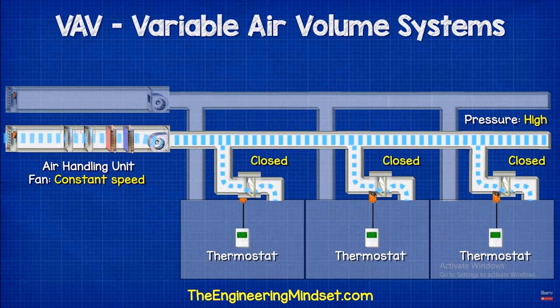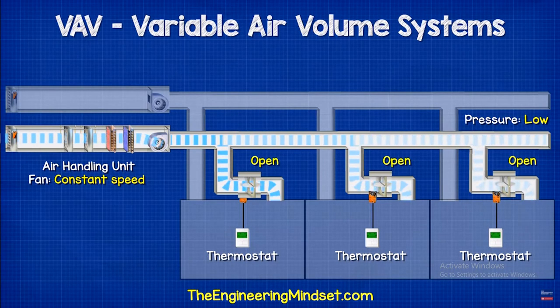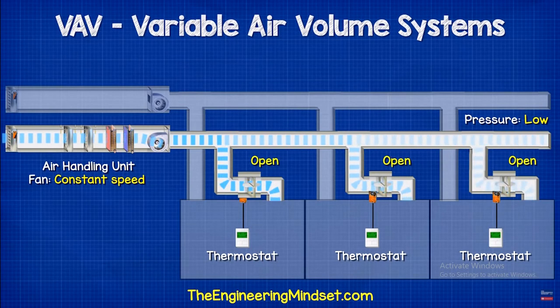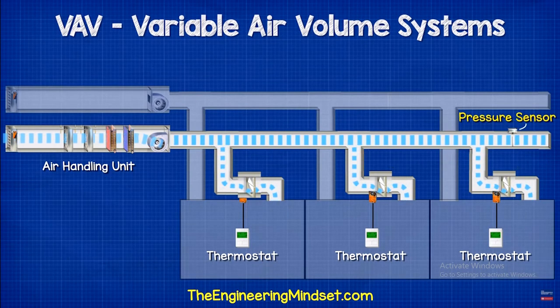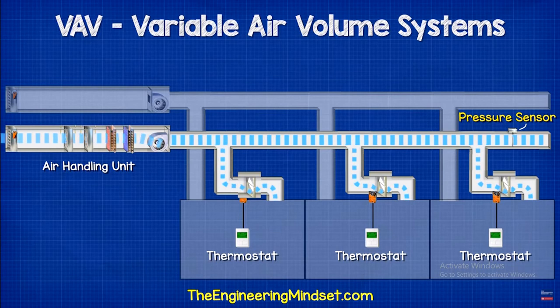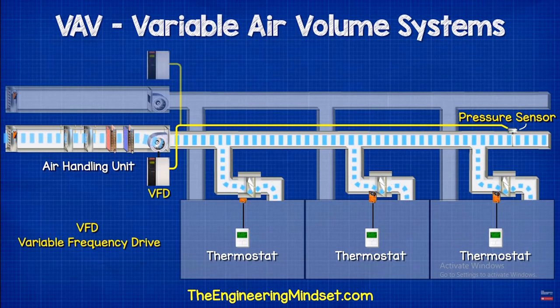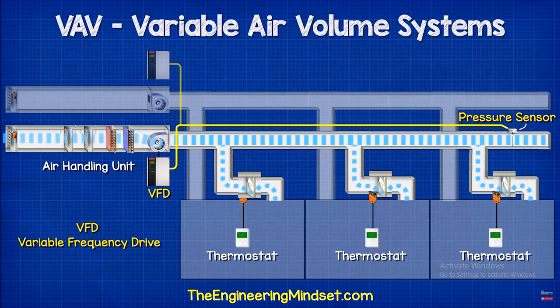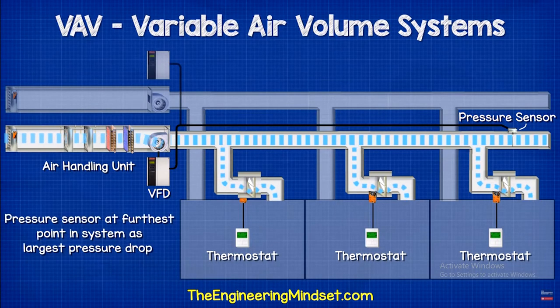The VFD varies the speed of the fan to increase or decrease the airflow rate and thus the pressure in the ductwork. It does this to try and ensure the pressure at the furthest point remains within limit. If this furthest VAV terminal can operate with sufficient air pressure, then the rest of the system can also. This control strategy therefore allows the fans to run at optimal speeds, which will therefore depend on demand.